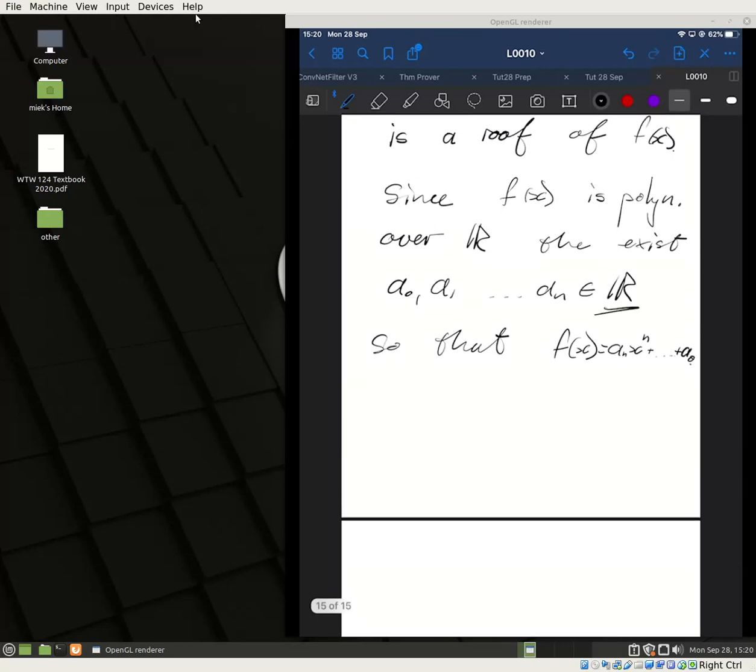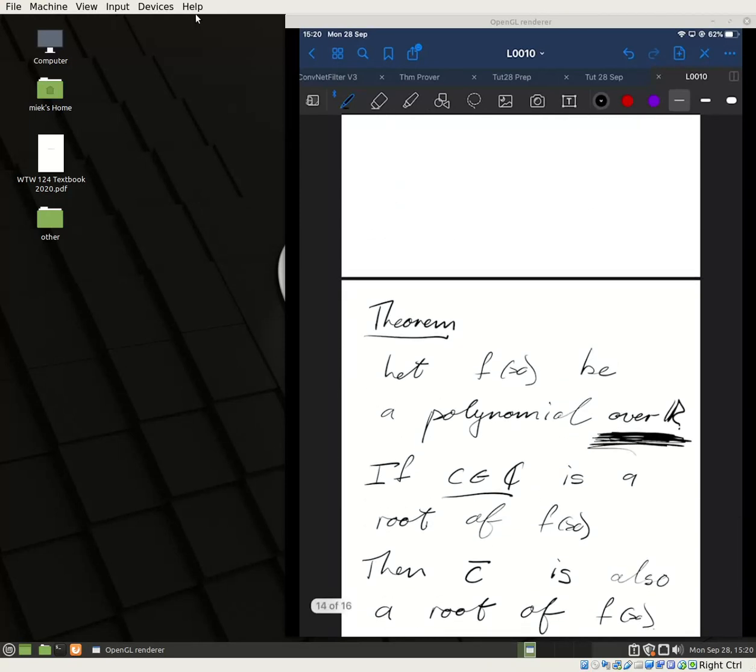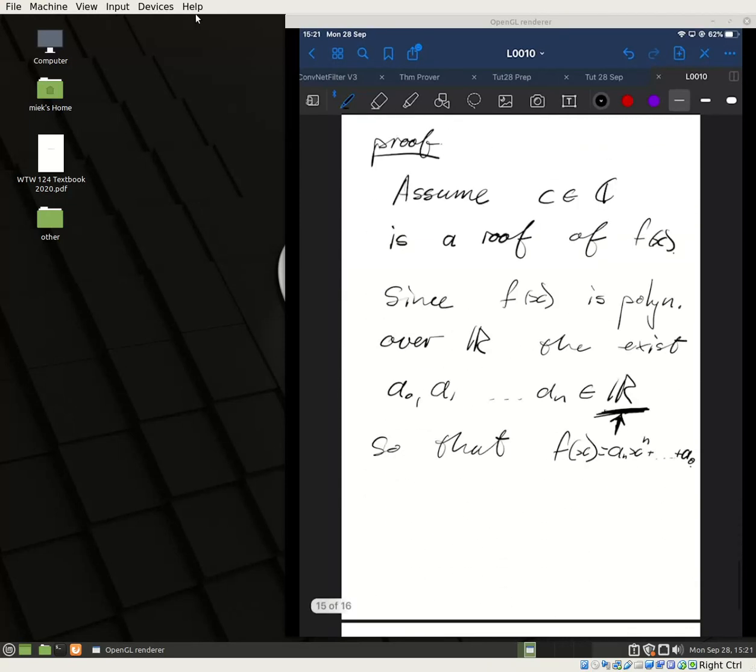And now notice here, these are real numbers because by assumption f(x) is a polynomial over R.